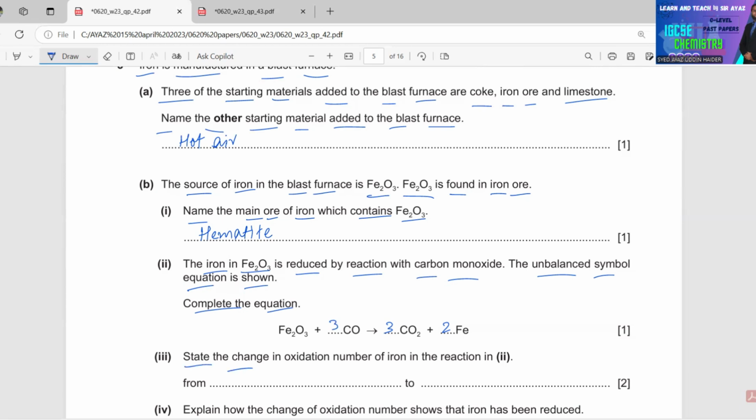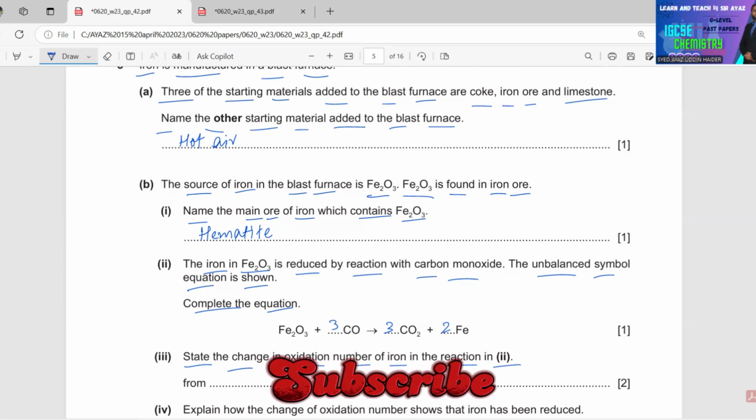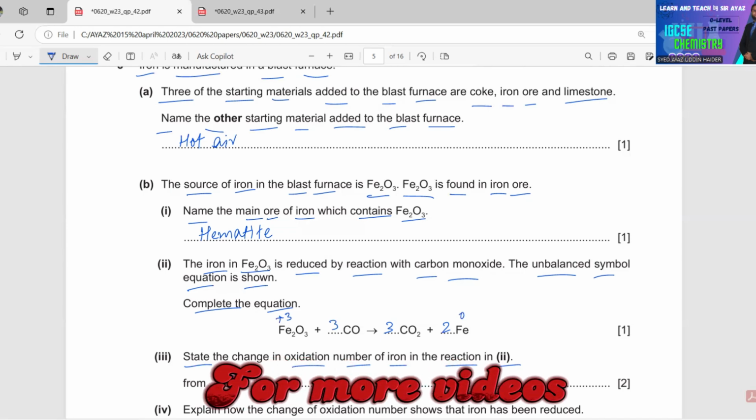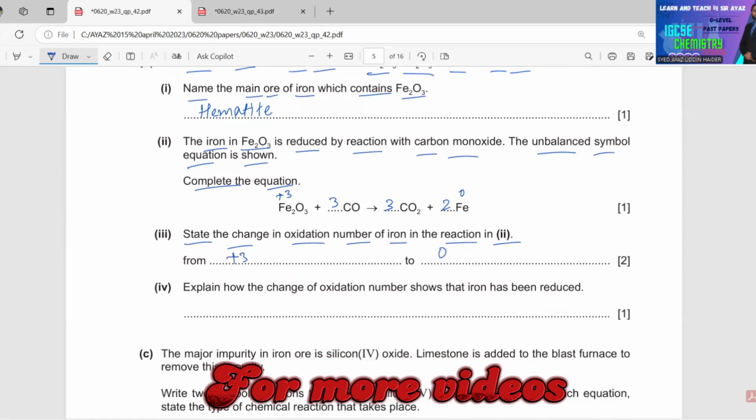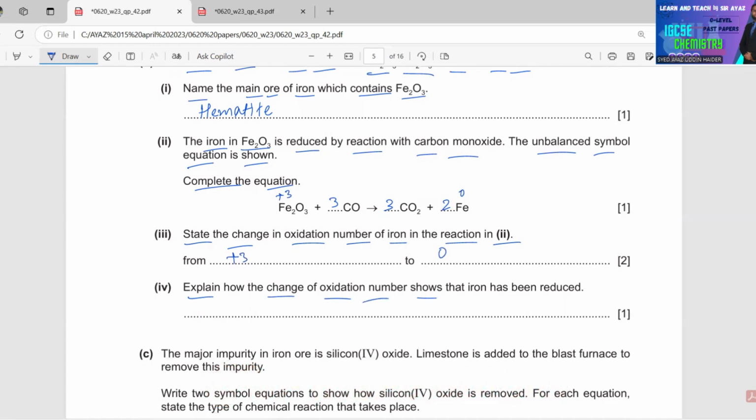Number 3, state the change in oxidation number of iron in the reaction in 2. In Fe2O3, iron 3 oxide, the oxidation number is +3. So I will write +3. And when it's reduced, the oxidation number becomes 0. So it's changing from +3 to 0. Number 4, explain how the change of oxidation number shows that iron has been reduced.